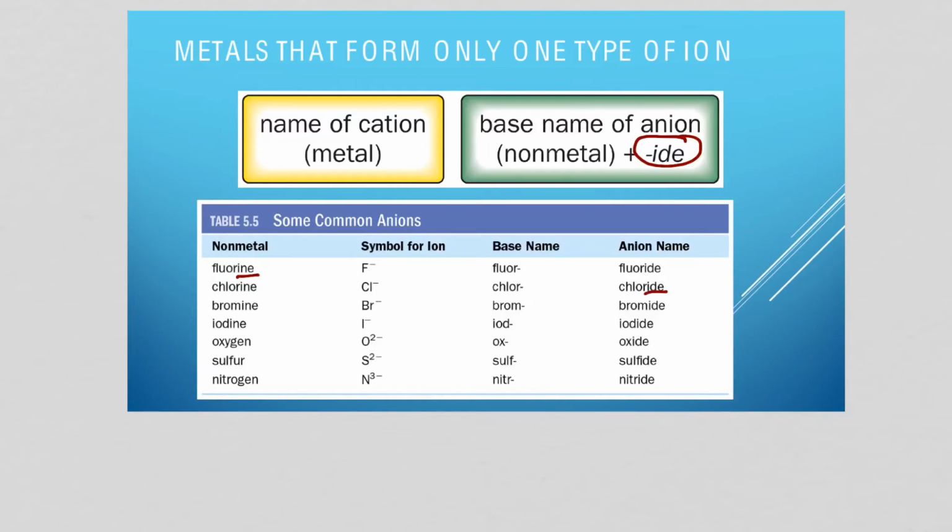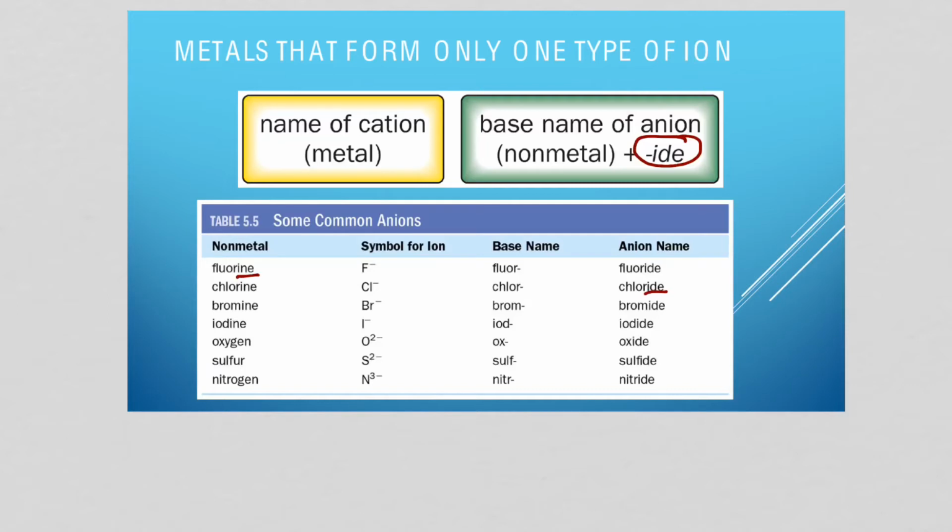A lot of this is for sound, right? There's a bunch of different ways they could have done oxygen. They could have taken off the EN, and it could have been oxygide, but it was decided that the easiest way to do it was just to take off the YGEN and just say oxide.